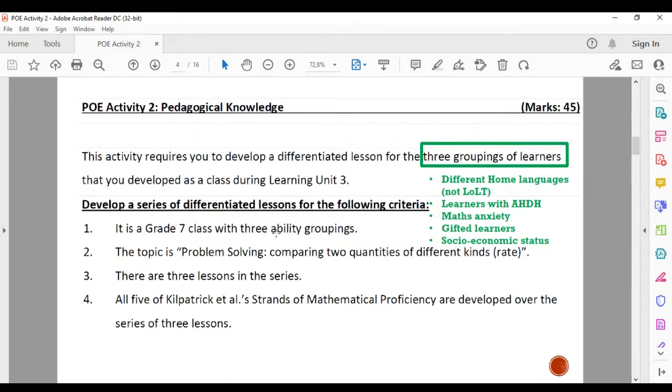So we would have a group that still struggle. Then we have a group that is on target or on par. And then we will have a group that is the high level of skills learners, which is actually our challenge group. You can call it what you want.